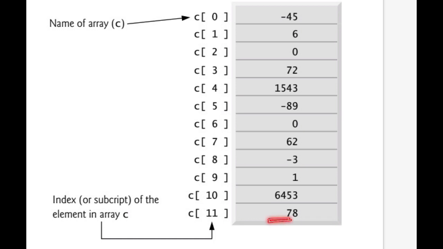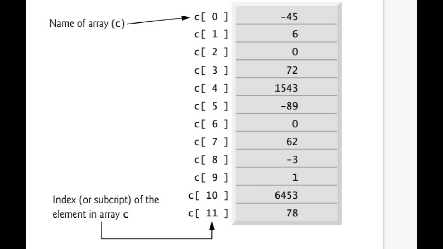And these values 11, 10, 9, 0, 1, 2, written inside square brackets, are called the index, or subscript of the element in array C. So the name of the array is C and these numbers are the index.